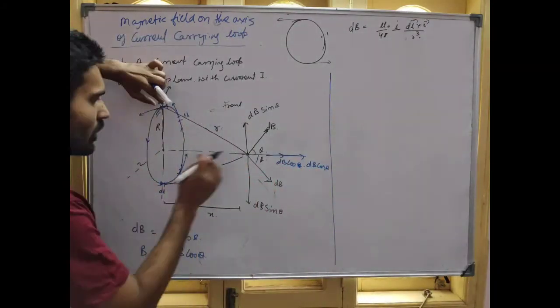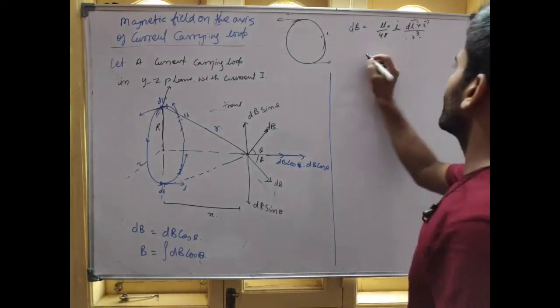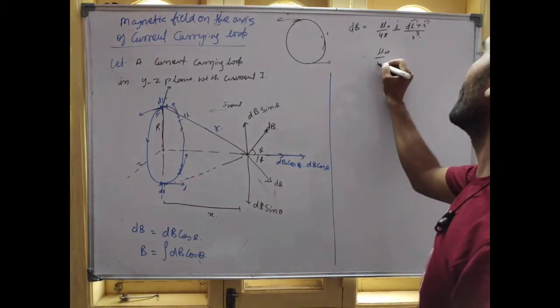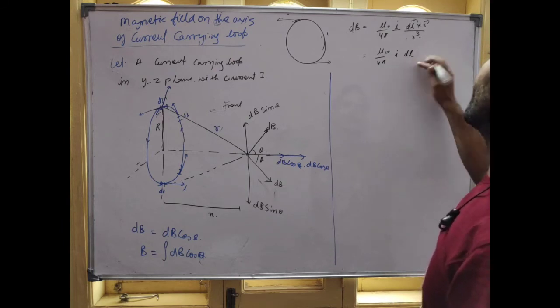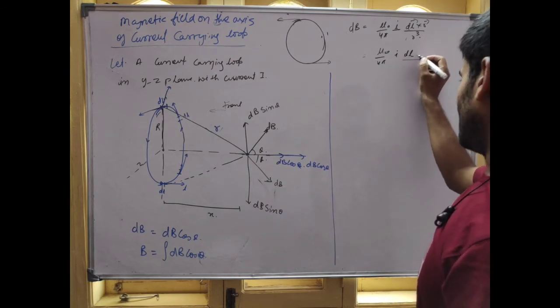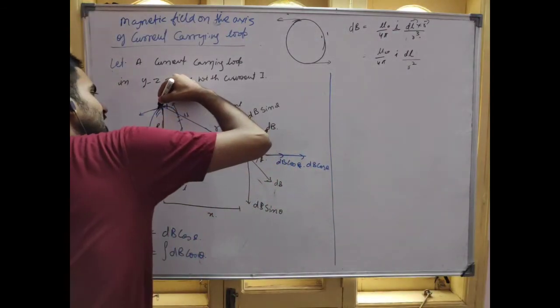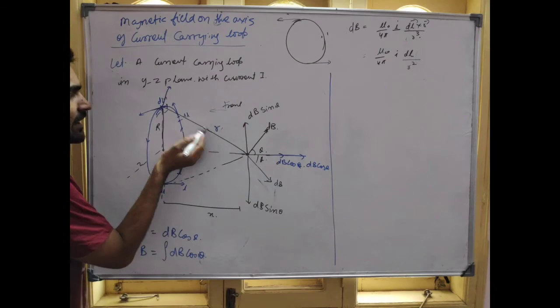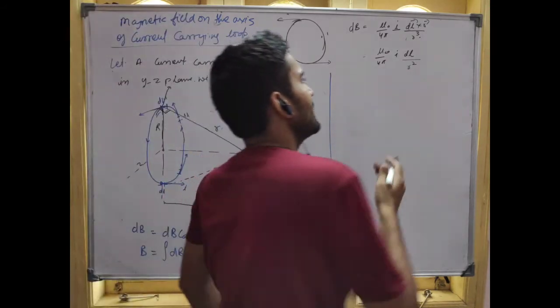From this point to this point, this is R. If you open it, you get mu naught by 4 pi I dl R by R square. Again it is 90 degrees between R and dl, so sin 90 we take directly: I dl by R square.